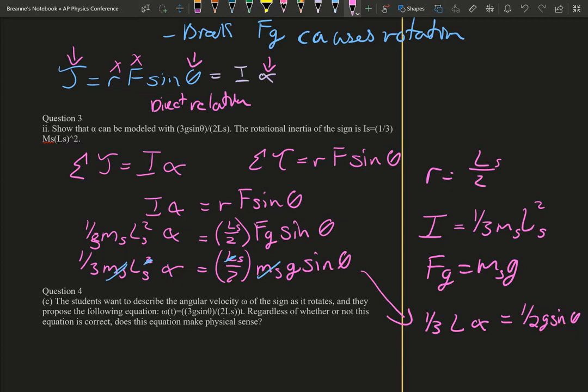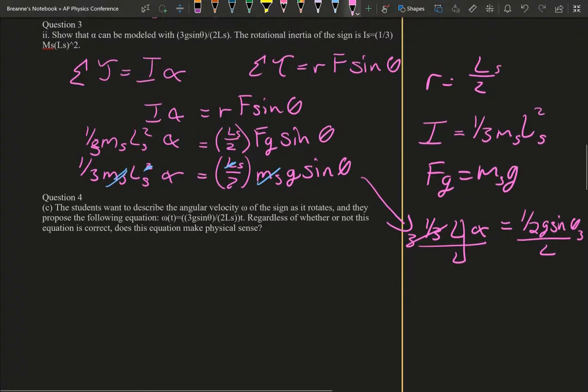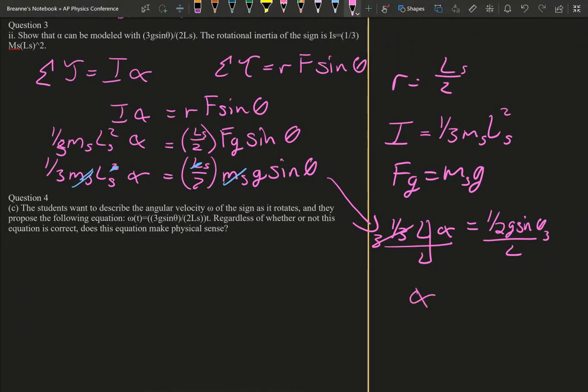We're trying to solve for alpha, so we're going to go ahead and divide both sides by L, and multiply both sides by 3. So that causes that to cancel. So we get that our alpha is 3 g sine theta over 2L.